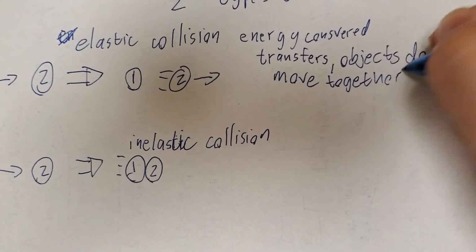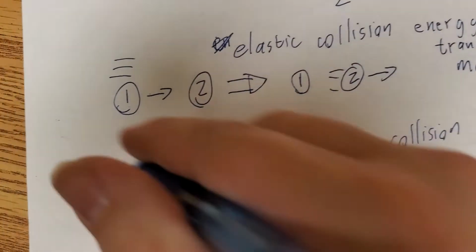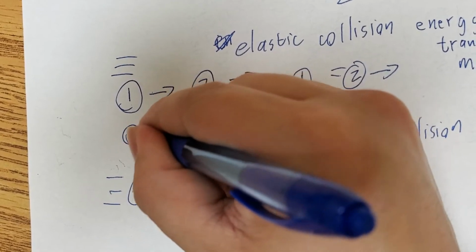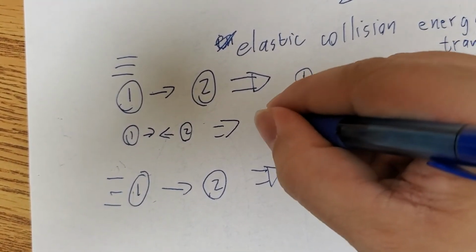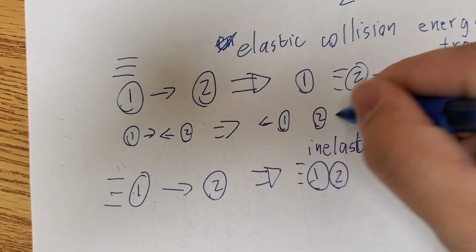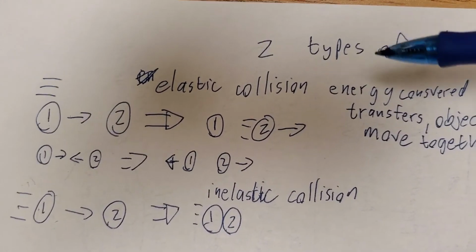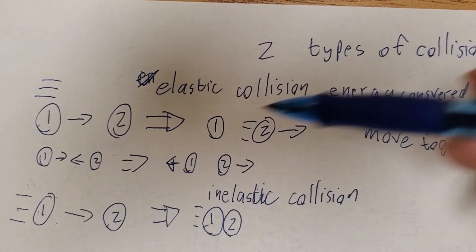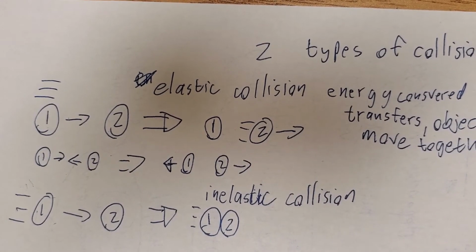So it could look like this, where one's moving and now the other one's moving. You could also have a case where you have 1 and 2 and they're moving towards each other, and then what happens after they hit is that they are now moving away from each other. There's a whole bunch of different scenarios. The real question when it comes to elastic is, do they stay together? Okay, are they touching? No, then it's considered an elastic collision.